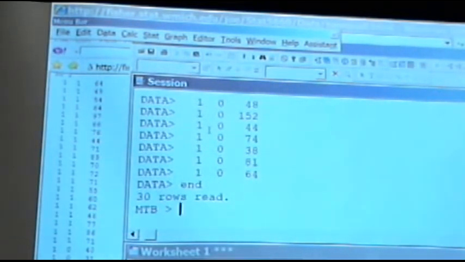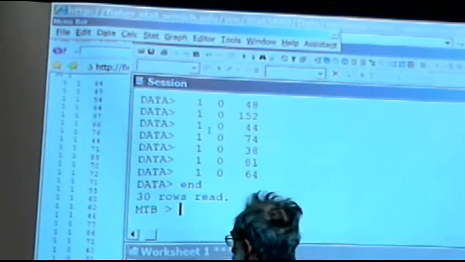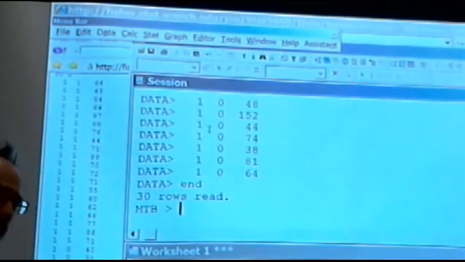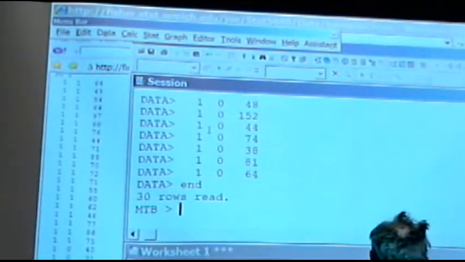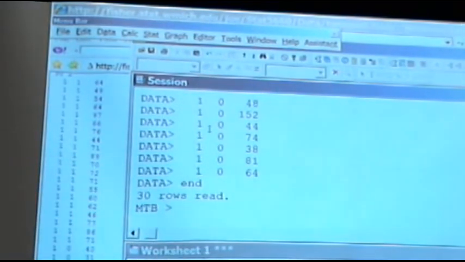Okay, so let's break the data sets apart. Often you have data stacked together like this, and the Minitab command is straightforward: unstack. I put the data in C2, those are the measurements.